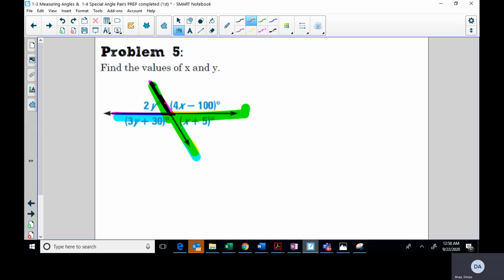So my first setup is this and this angle together: 4x minus 100 plus x plus 5 is equal to 180.